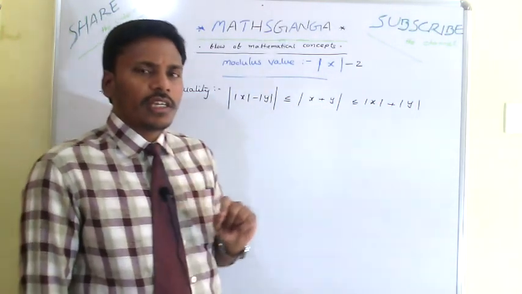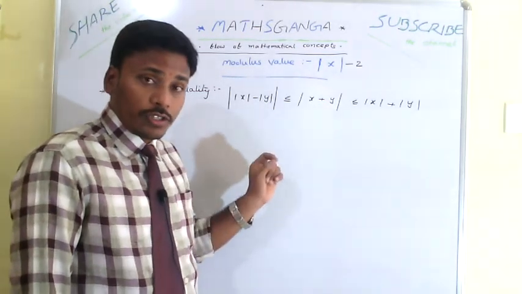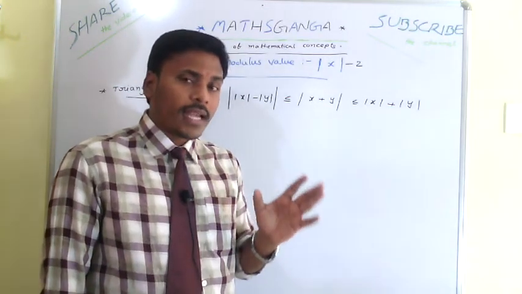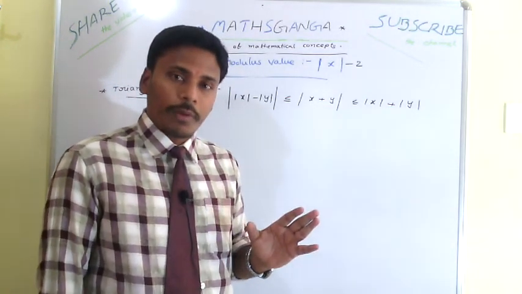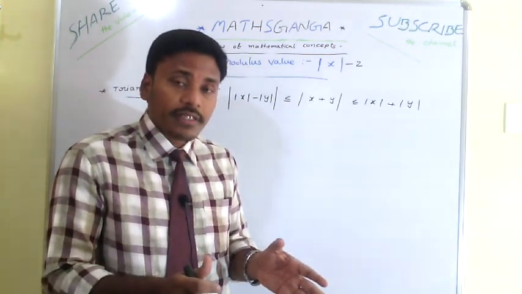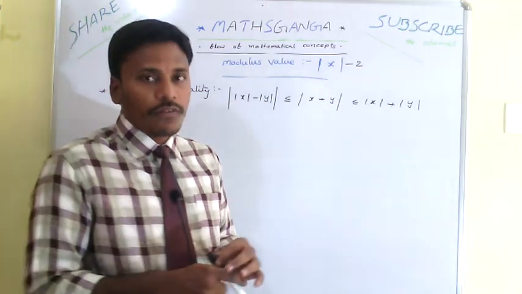Initially, why are we calling it a triangle inequality? Since it follows the basic triangle inequality of plane geometry. What is the basic triangle inequality of plane geometry? In a triangle, the difference of two sides is always less than the third side, which is less than the sum of the two sides.